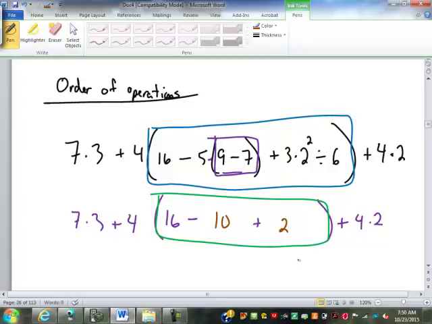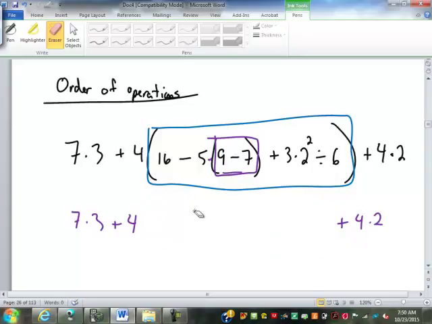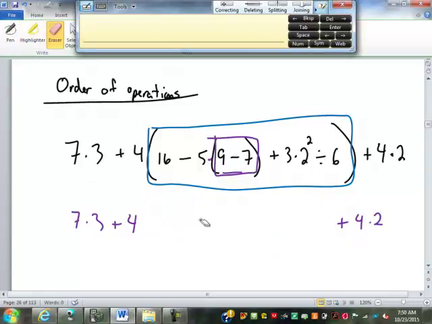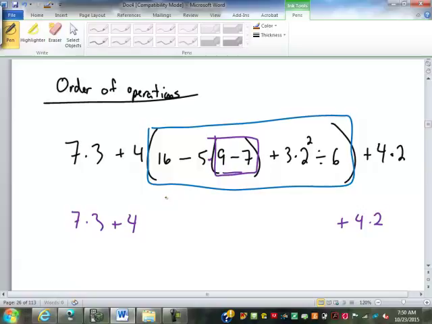What's next? We've got to subtract. 16 minus 10 is 6. Plus 2, 8. So we reduced what's inside this parentheses to a single number. Don't need the parentheses anymore. What do we have to remember to add? Put in multiplication here. Now what? We've got to do the multiplication, going left to right. We've got to do the 7 times 3 up here first.